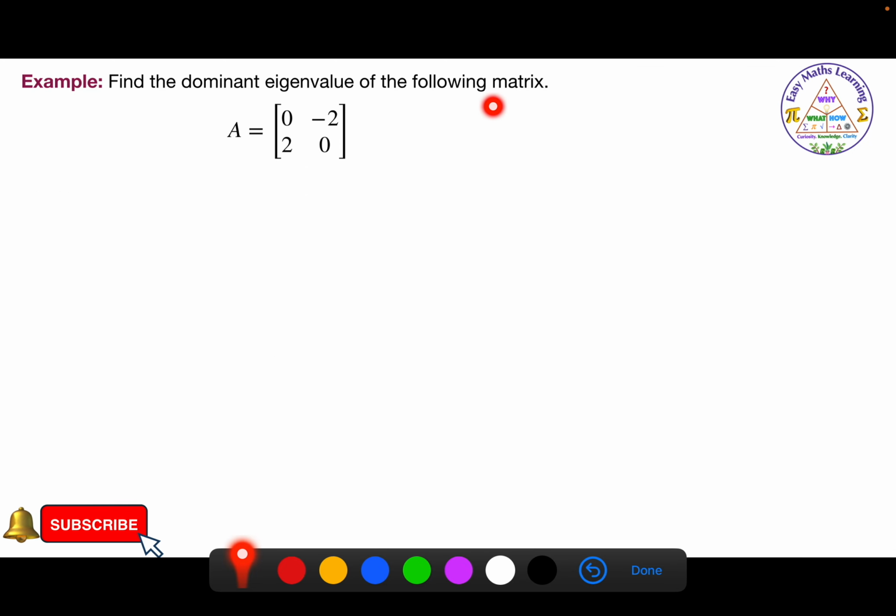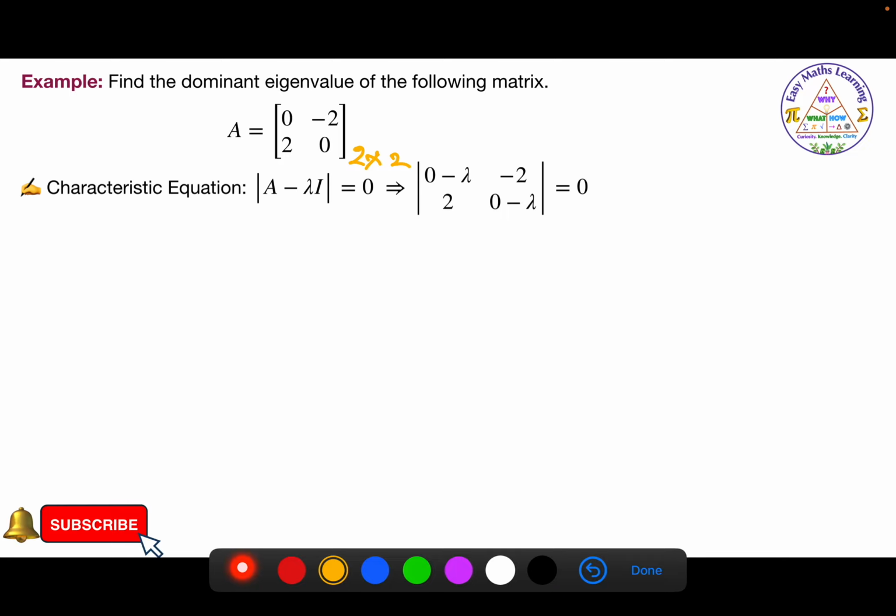Now the next example is to find the dominant eigenvalue of the following 2 by 2 square matrix. First we find the characteristic equation, defined by determinant of A minus lambda I equal to 0. So we write the matrix 0, 2, -2, 0 minus lambda times the identity 1, 0, 0, 1.